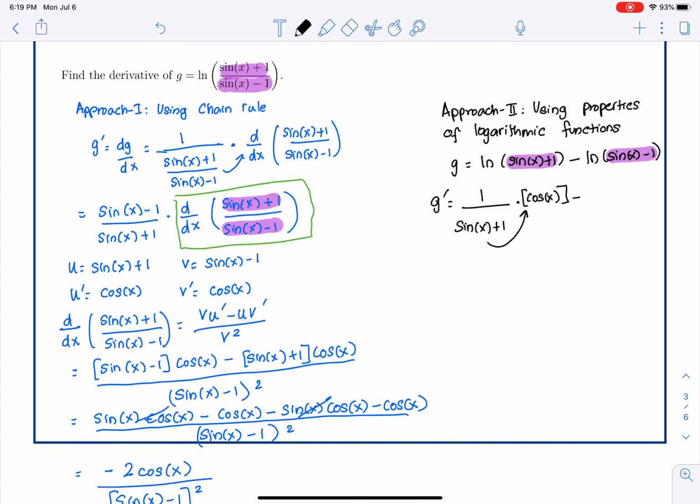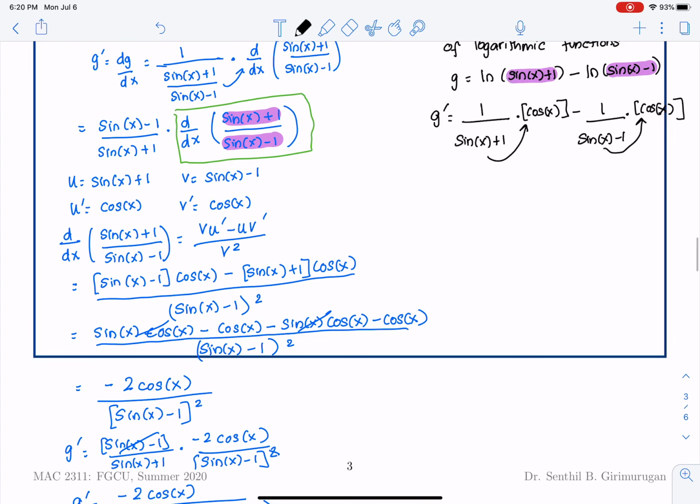Minus, same thing here, 1 over sine x minus 1 multiplied by the derivative of sine x, which is cosine x. Derivative of negative 1 is 0. Cosine x minus 0 is cosine x. So that would give me cosine x over sine x plus 1 minus cosine x over sine x minus 1.